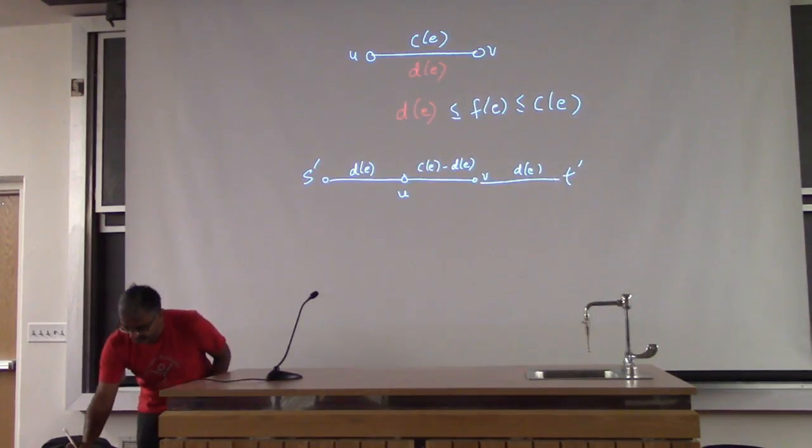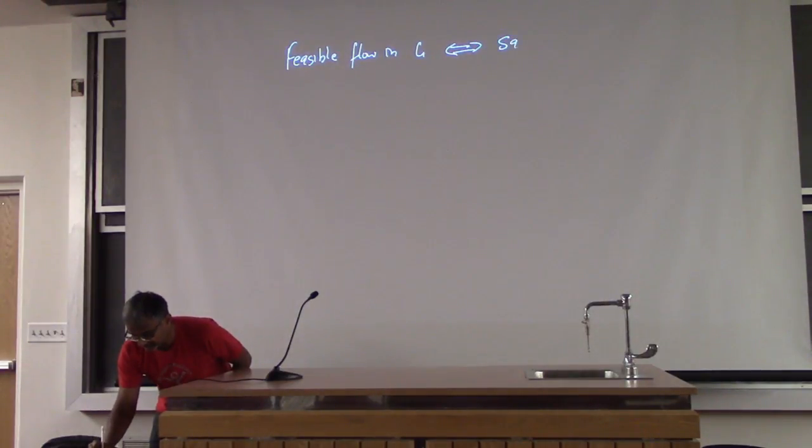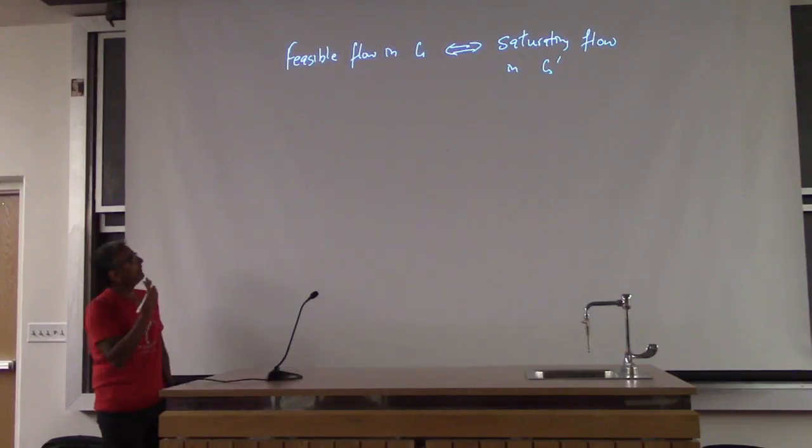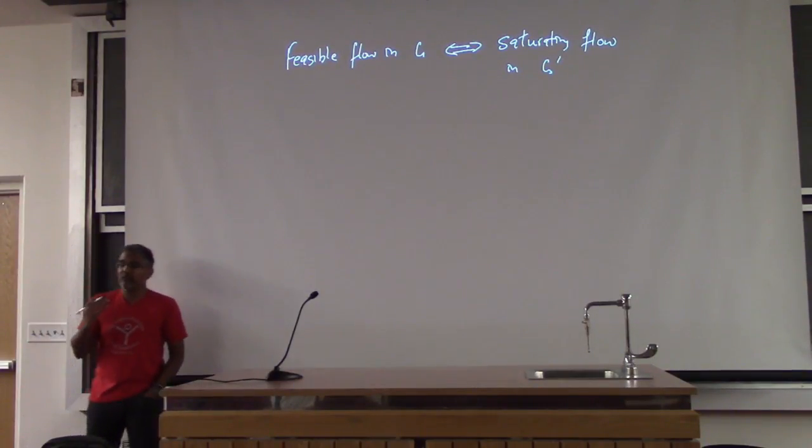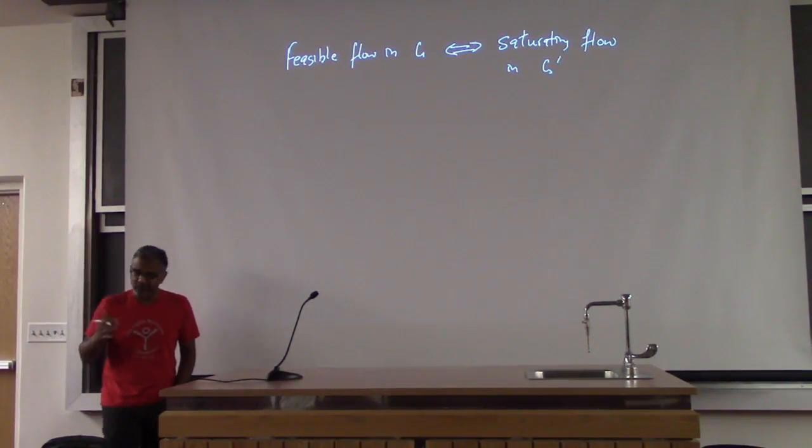And the claim was that a feasible flow in the original graph will give you a saturating flow in G prime.